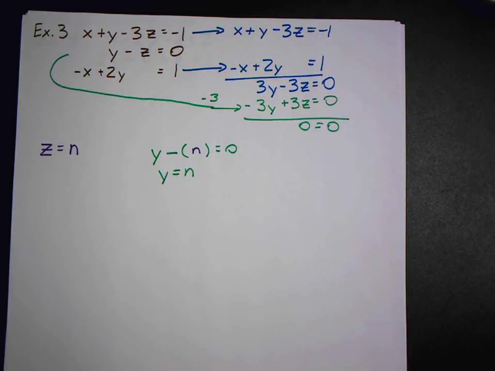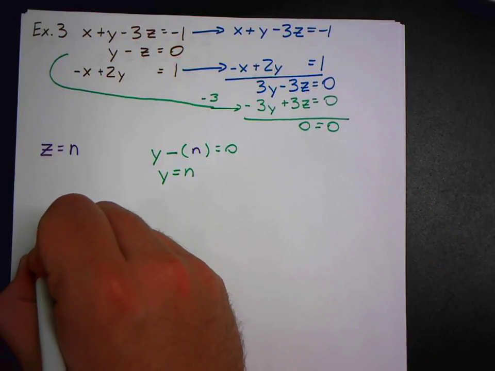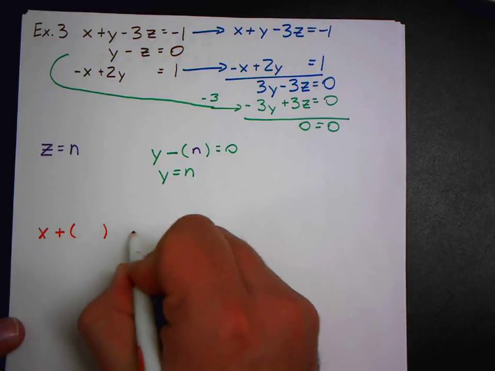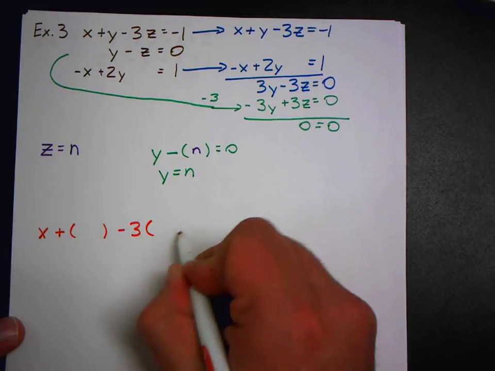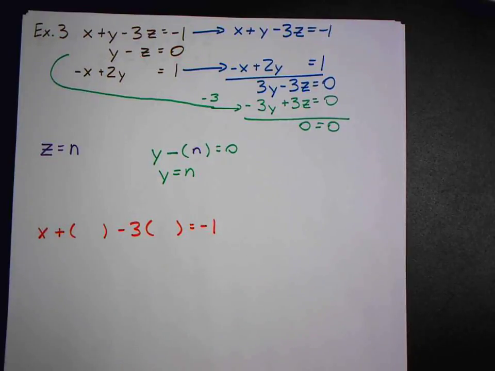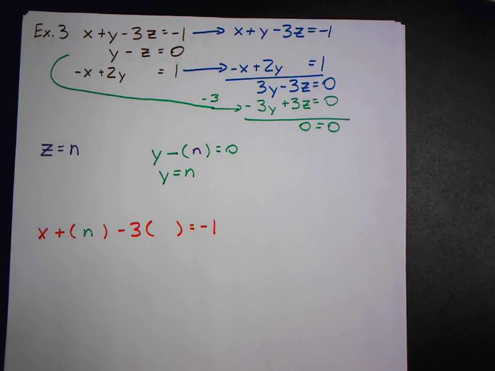Okay, now I need to go back and find x. So I go back to one of my original equations. So x plus, and I plug in what y and z were equal to. So y was equal to n and z was equal to n.